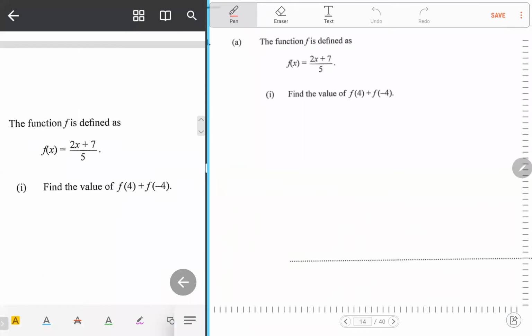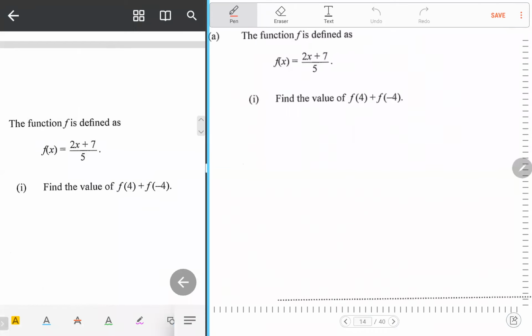This question gives us that function, and we must find f of 4 plus f of negative 4. Easy. So f of 4 plus f of negative 4 is equal to: f of 4 becomes 2 times 4 plus 7 over 5, and then you're adding 2 times negative 4 plus 7 over 5.